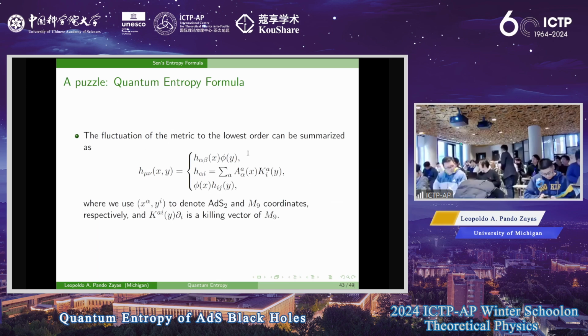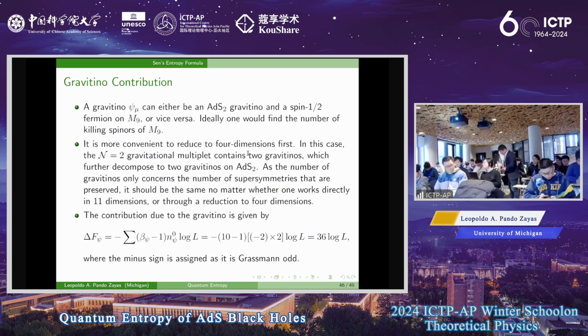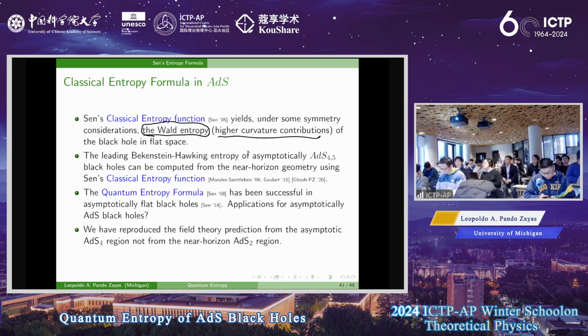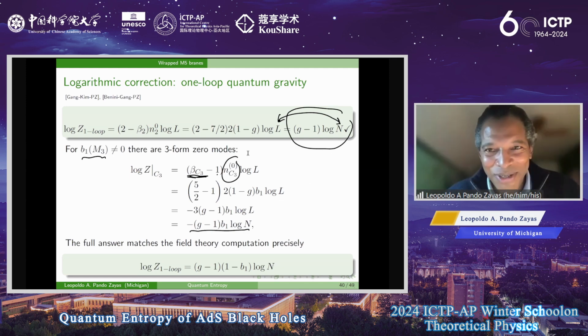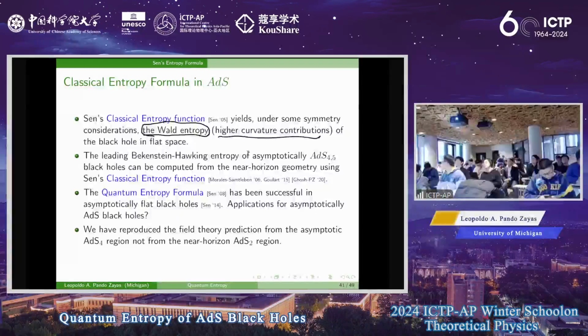Thank you, Professor, for your nice talk. I recently heard that the Hawking radiation formula was questioned by some recent paper.